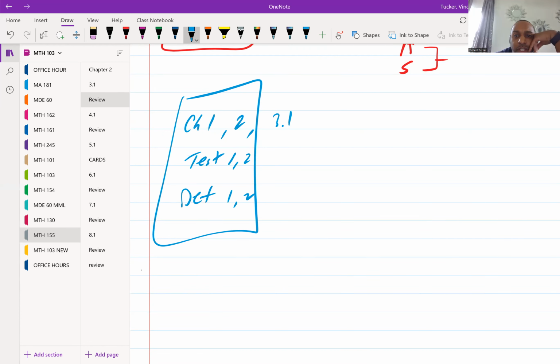Do you recommend reading the chapters? I don't know about reading all of them, because I pretty much went through the chapters and pulled out the stuff you're going to need for the notes.